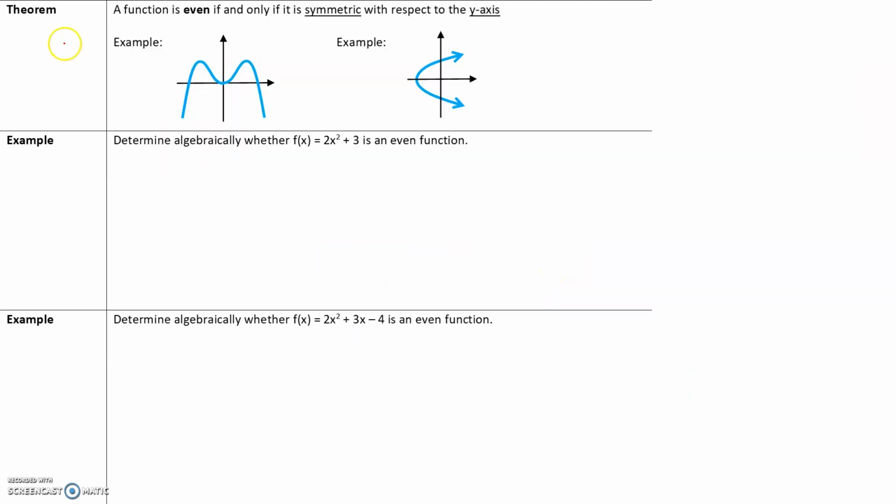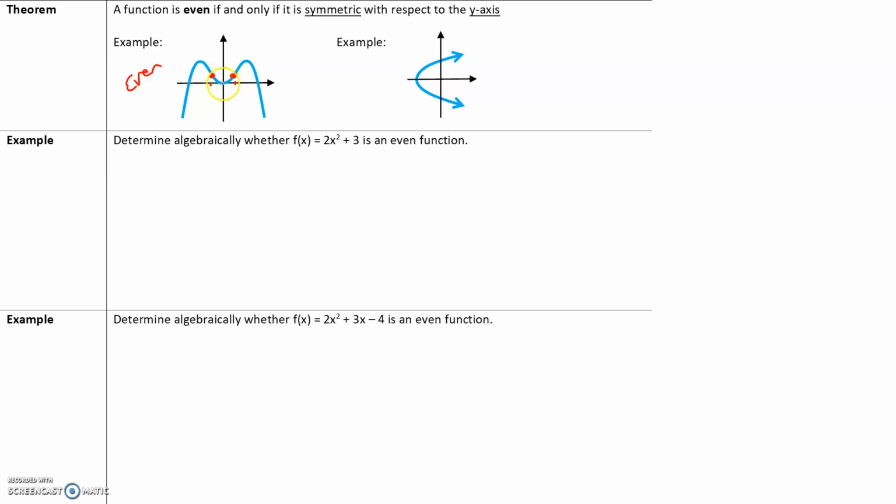So the theorem says that a function is even if and only if it is symmetric with respect to the y-axis. So this is an example of an even function. Because if you look at the y-axis, every point as you go to a positive x and negative x is the same, which means that the y-axis creates a mirror image of the function on both sides of it.